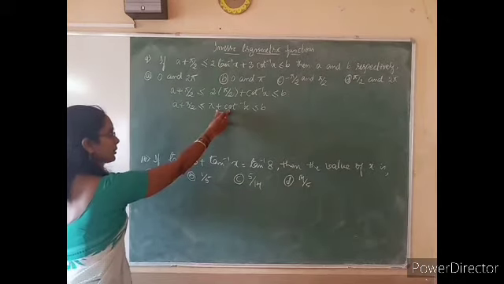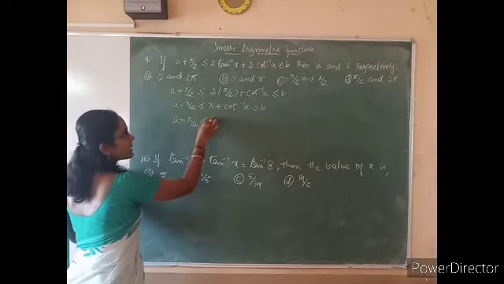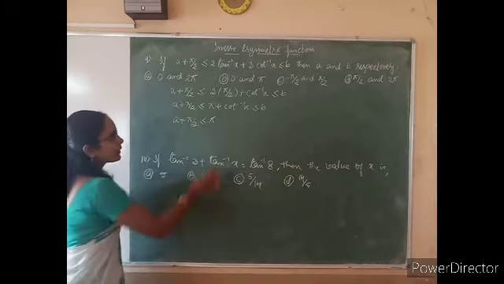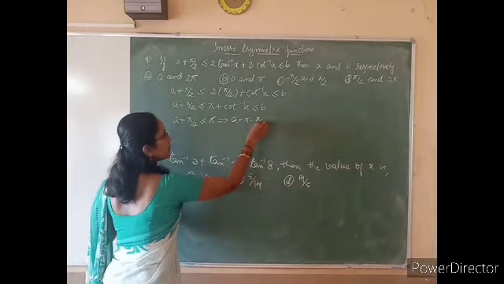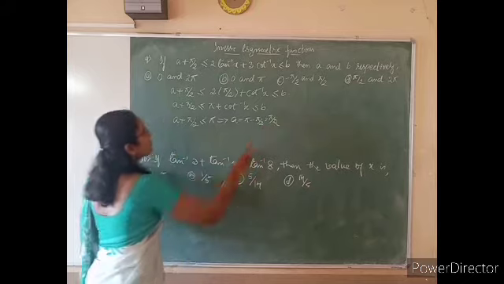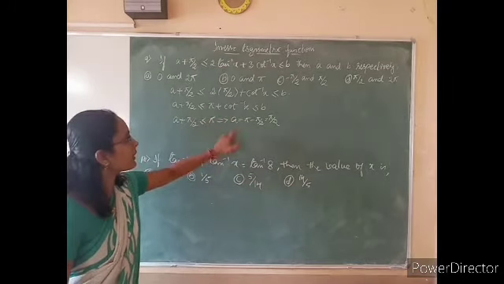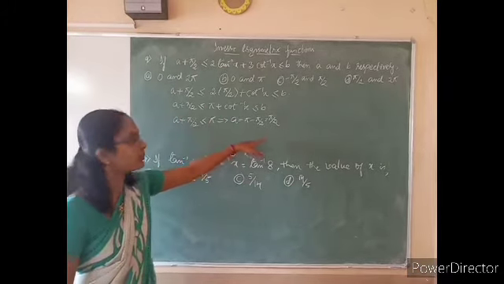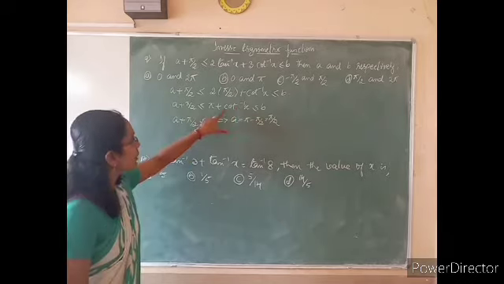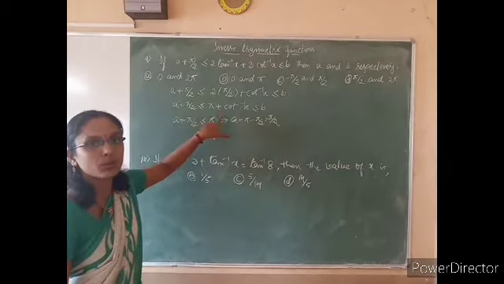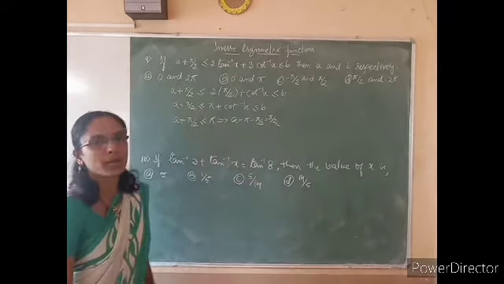So when it is 0, a plus pi by 2 is less than or equal to pi, so the value of a should be pi minus pi by 2. The only possibility is a equal to pi by 2 here.